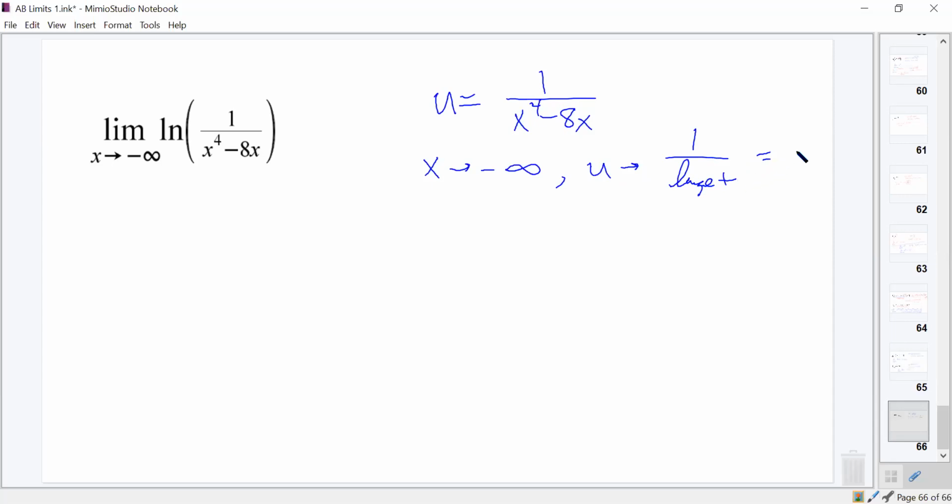Approaching 0. And from which direction is it approaching 0? The left? We've got a positive number divided by a very large positive number, right? So what can you tell me about this fraction?